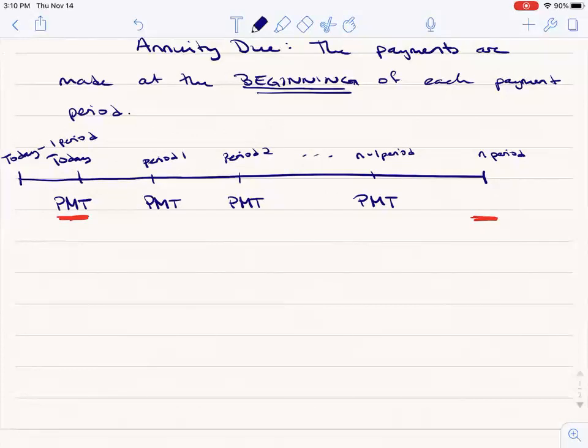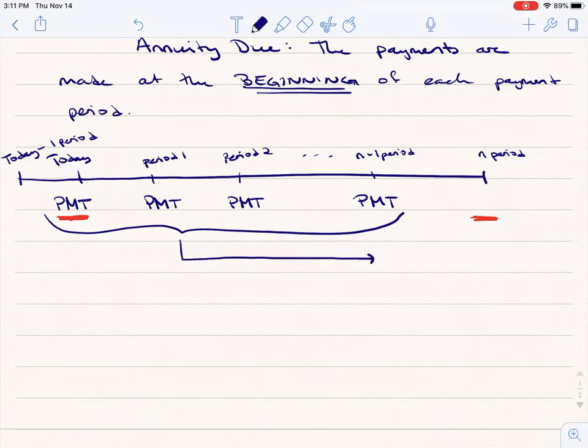And so we can use all the formulas that we developed for an ordinary annuity, except we need to have that little bit of extra interest. These payments are going to funnel into the future value. It's the same for the present value.